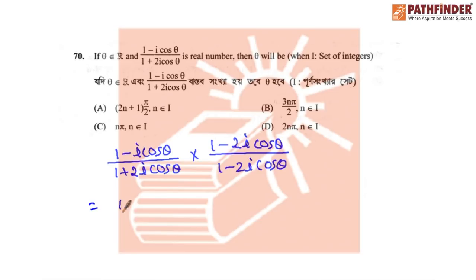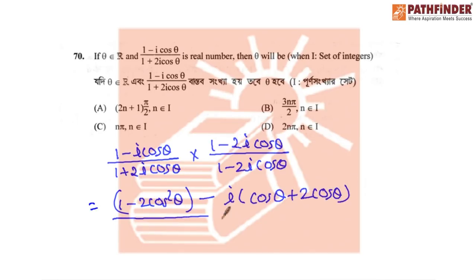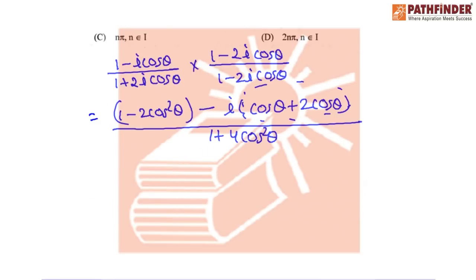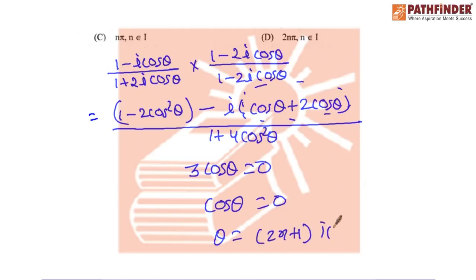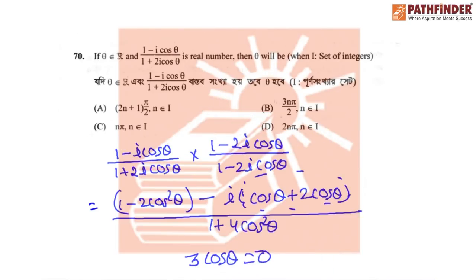This is equal to 1 minus 2 cos square theta minus i times of cos theta plus 2 cos theta by 1 plus 4 cos square theta. Since this is purely real, that means imaginary part, this part should be equal to 0. So we will get 3 cos theta equal to 0 or cos theta equal to 0. So theta should be odd multiple of pi by 2, which is given in option A.